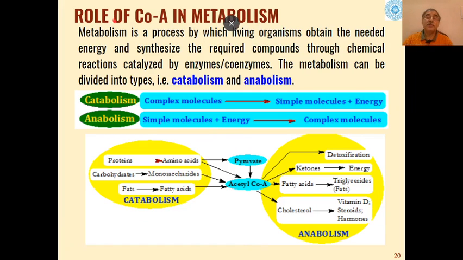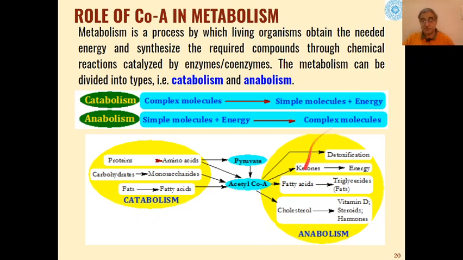Then role of coenzyme A in metabolism. We know that metabolism can be divided into two types: catabolism, where complex molecules are converted into simple molecules and energy is released, or anabolism, where simple molecules take up that energy and are converted into complex molecules.